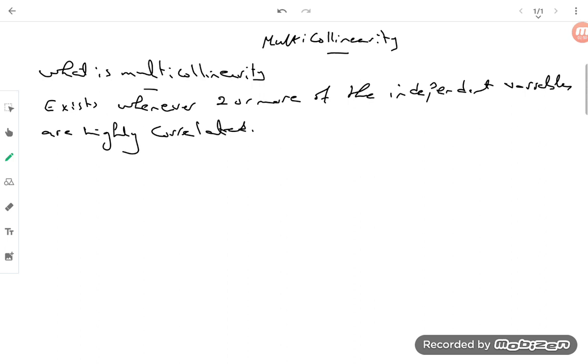So what are the consequences of this problem? With respect to the model, it is still unbiased.